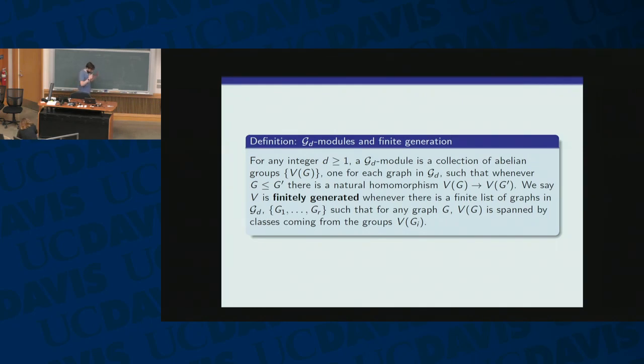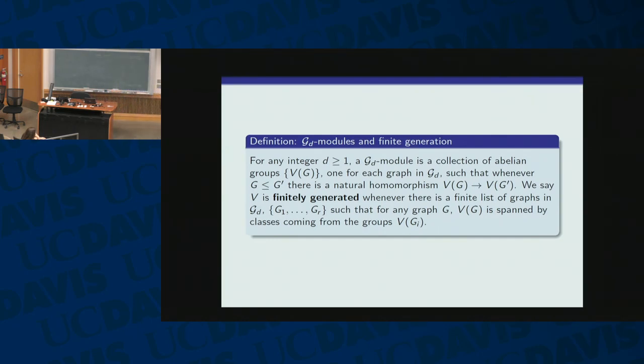So it's just literally a collection of groups, one for every graph. And whenever something is a minor of the other, you get homomorphisms, right? OK. So we say V is finitely generated whenever there is a finite list of graphs, G1, G2, et cetera, such that for any graph G, VG is spanned by classes coming from the groups VG prime.